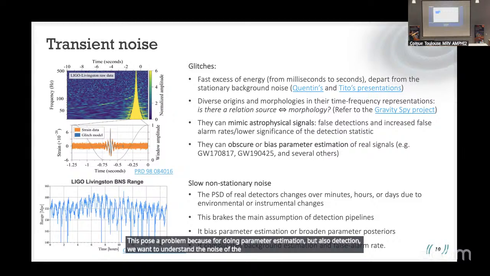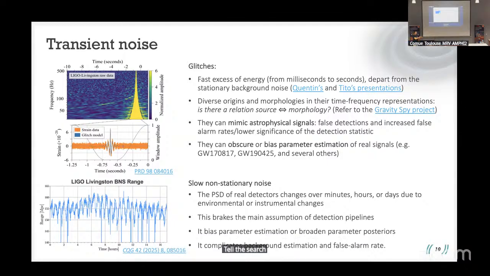But if the noise varies over tens of minutes, it's a little bit difficult to tell the search which sensitivity curve to use to estimate what stands on top of it, what is not the stationary noise. This is called slow non-stationary noise, another complication.